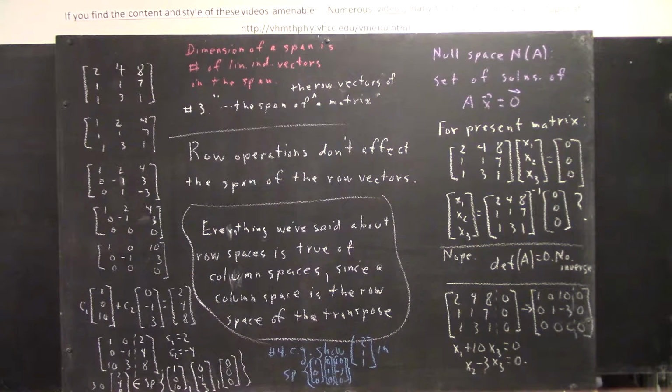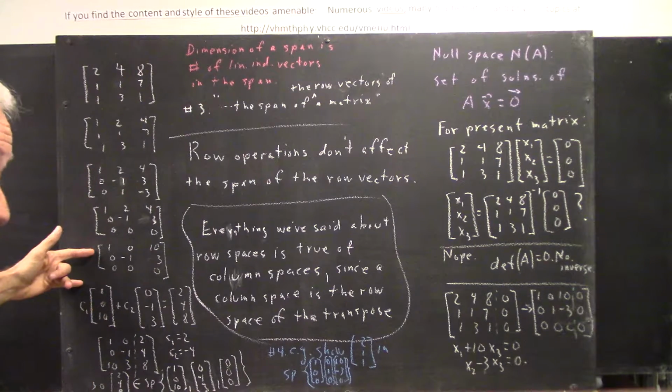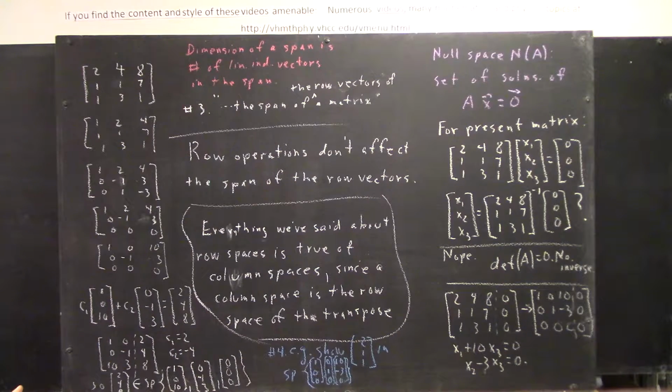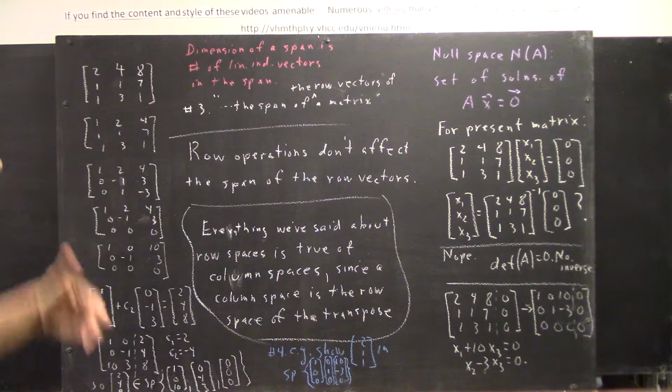But the big point here is that if we row reduce a matrix, it doesn't affect the span of the row vectors. So the row vectors we get at any stage in the reduction span exactly the same space as the original three vectors. So that's kind of a big deal.